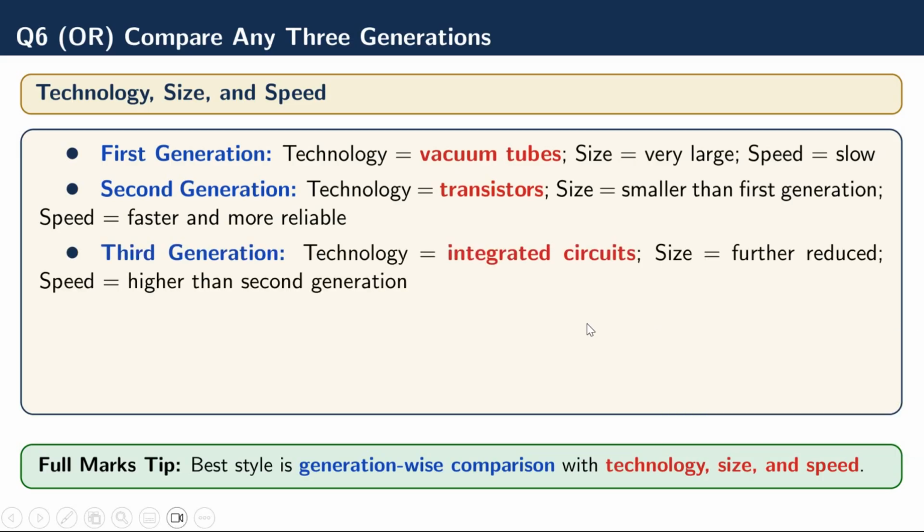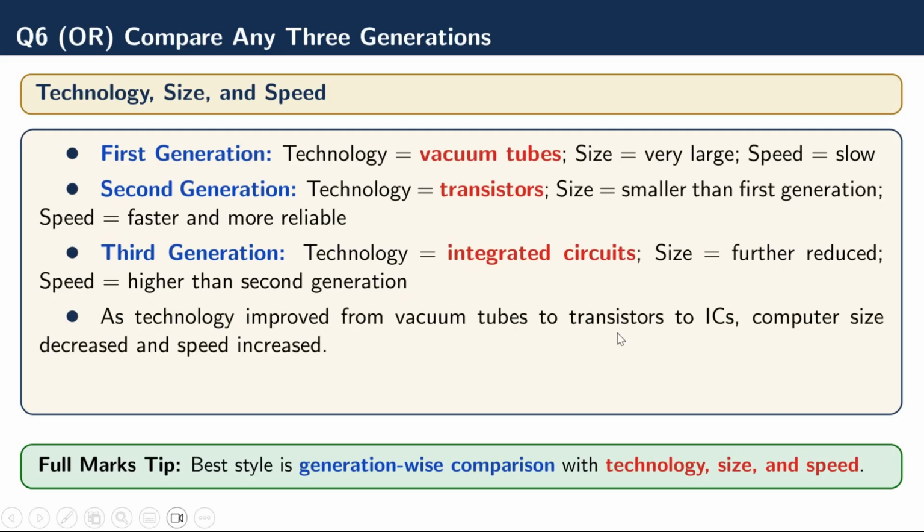Third generation technology, integrated circuit ICs, size further reduced, speed higher than second generation. As technology improved from vacuum tube to transistor to ICs, computer size decreased and speed increased.